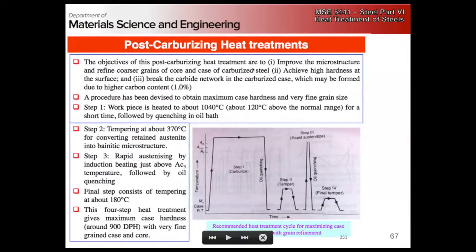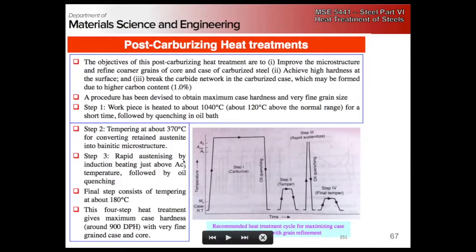And one of the key things is a balance between a high hardness of the surface and improved microstructure at the surface, and then break the carbide network, right? So due to the higher carbon content, depending on what your alloying elements are, you can have clusters, right, or flocculation of the carbides in your sample, right?